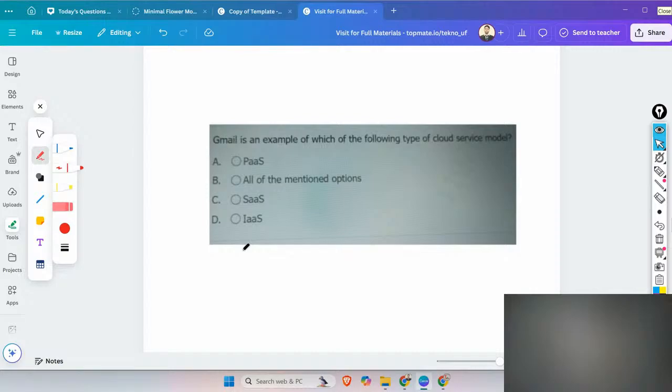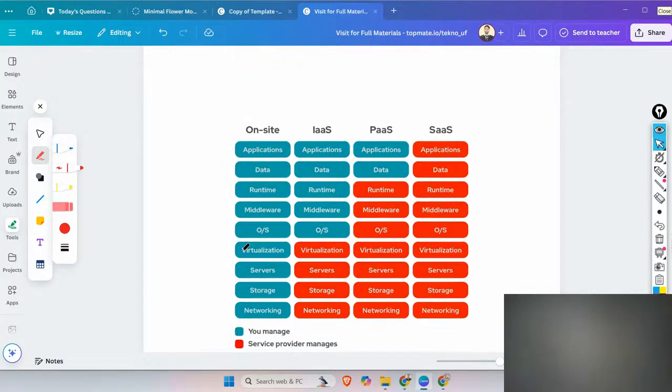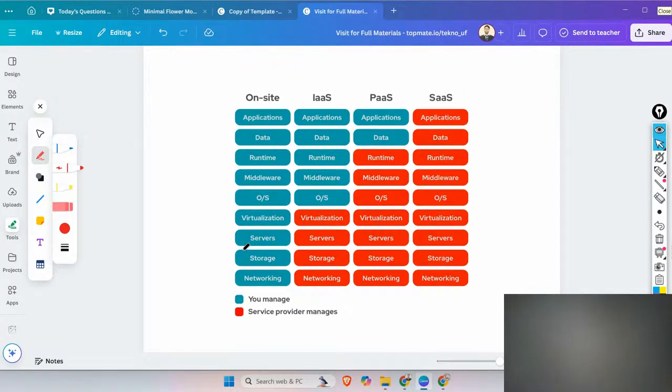Now let me show one important thing, that is this. How do you know which application is SaaS, IaaS, PaaS, or on-site? If you manage all of these, application, data, runtime, middleware, OS, virtualization, and all of these, then it is on-site. How do you check if an application is IaaS, infrastructure as a service?